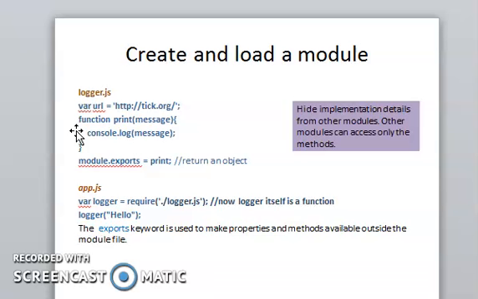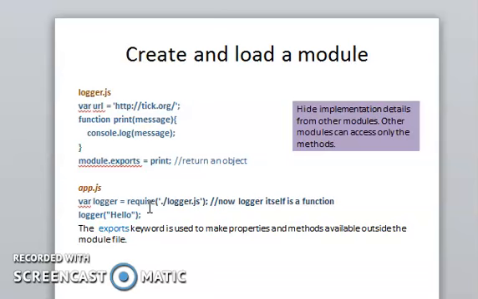By using the keyword exports, I can export the properties and the methods which are available in logger.js, and I can access them in app.js.